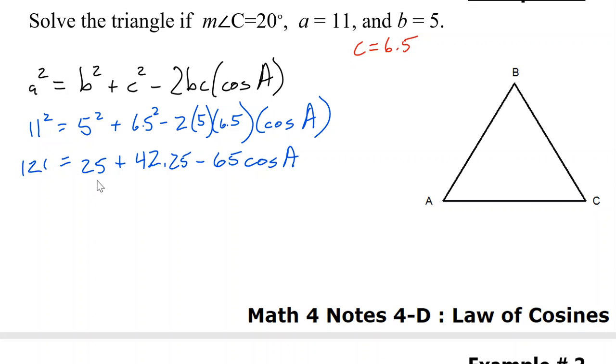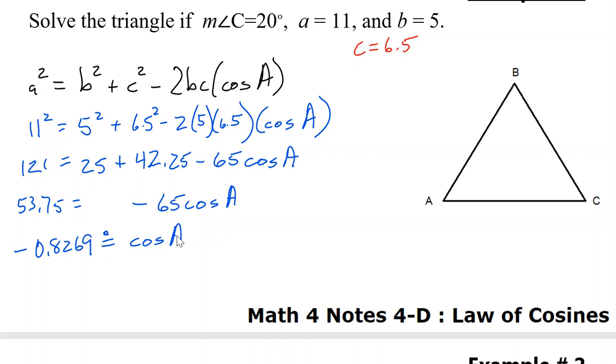Now, when I subtract the 25 and the 42.25 from 121, I get 53.75 over here, and I get negative 65 cosine A over here. So I'm going to want to divide both sides by negative 65. And I get negative 0.8269, yada, yada, as the cosine of A.